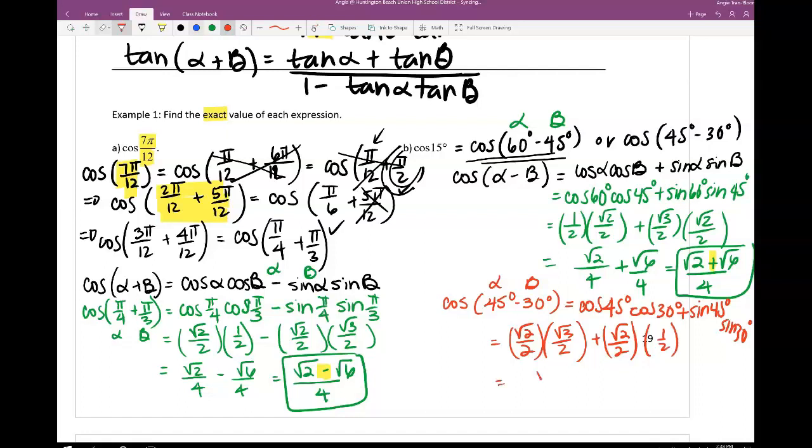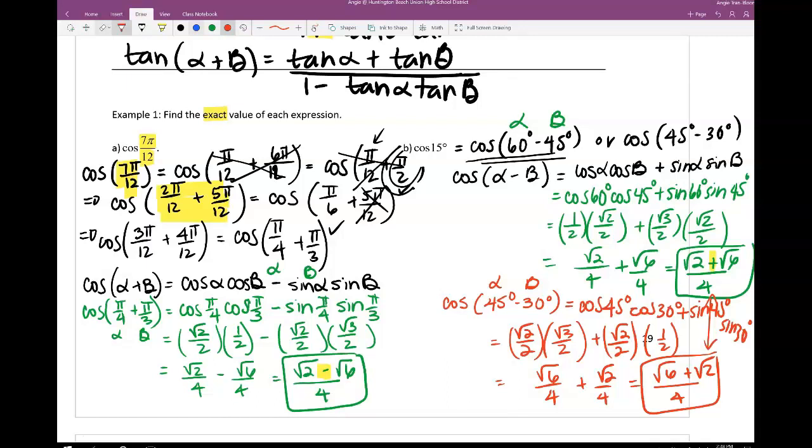So now we have √6 over 4 plus √2 over 4. And guess what? Look at the answer. This is exactly the same. Whoa! Cool, right?